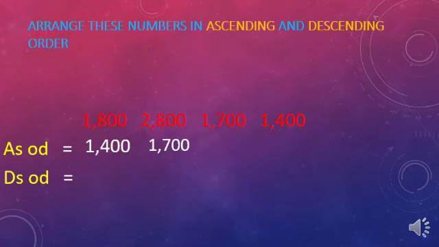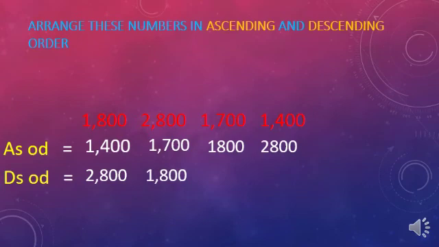Next one 1800, and the biggest number will come in the last, that is 2800. Have you understood? Okay, next one, descending order. As I already told you, the last number of the ascending order will come first, 2800, then 1800, then 1700, and the last one is 1400.